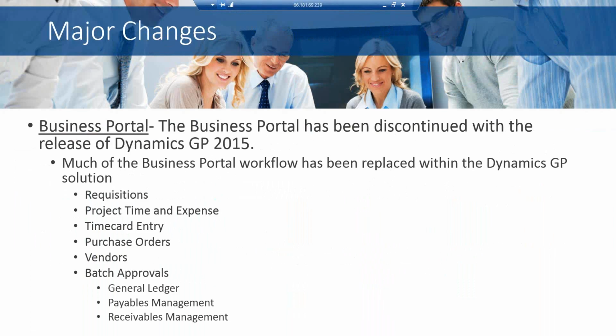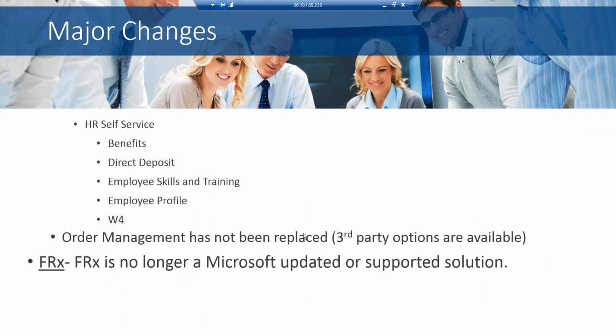Batch approvals, so before you can post, you can actually have batches go through an approval process. So your general ledger, payables and receivables, those batches can all go through a workflow that requires an approval before the final posting can take place. And then on the HR side, there are a number of self-service applications around benefits, setting up direct deposit, employee skills and training, employee profile, and the W-4.